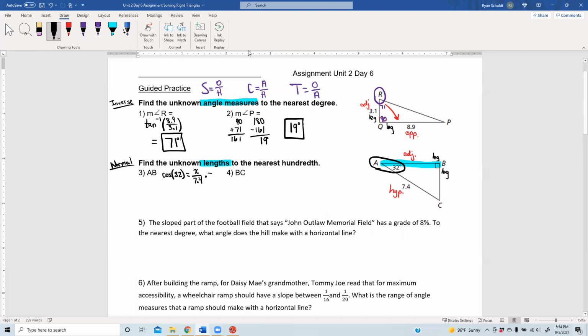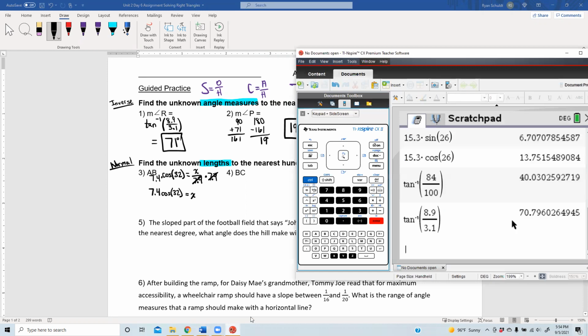7.4 is on the bottom, so that's what I multiply on both sides. Let's cancel. We're going to have 7.4 times the cosine of 32 equals x. Is x by itself? Yes. So we can type it in the calculator.